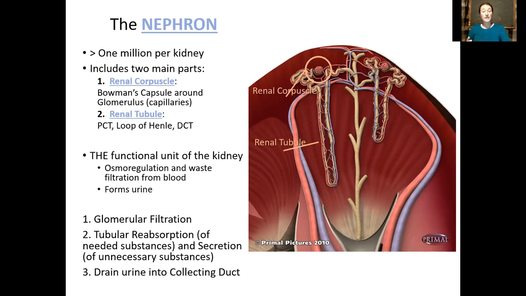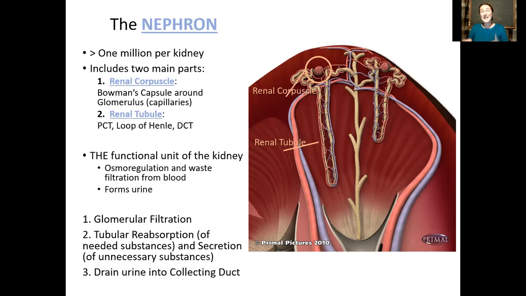We reabsorb some stuff back into the blood, from the filtrate, which is essentially going to become urine, but we don't want to just pee out all of that glucose that we just spent so much time digesting and absorbing and processing. We don't just want to pee it all out. And so we reabsorb glucose, for example, back into our body.